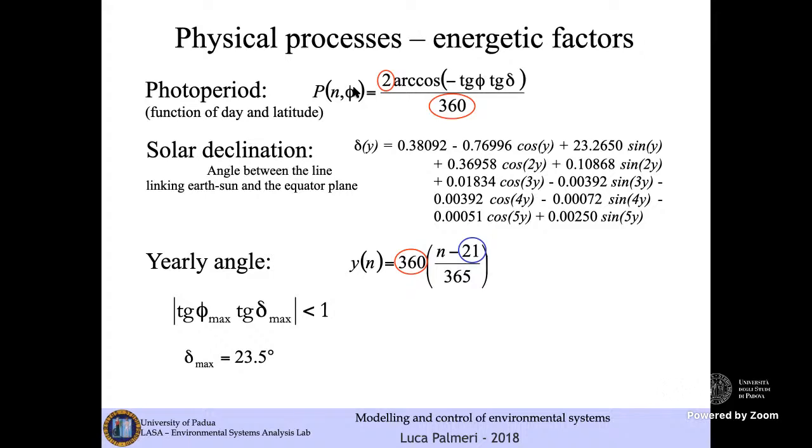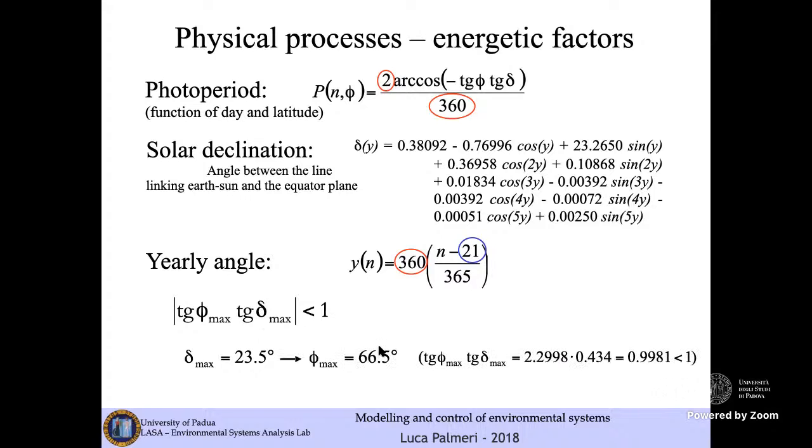In this case, the maximum latitude, solar declination, sorry, delta, is at the Arctic Circle latitude. So the combination of this maximum latitude times this maximum solar declination is such that this quantity is smaller than 1.